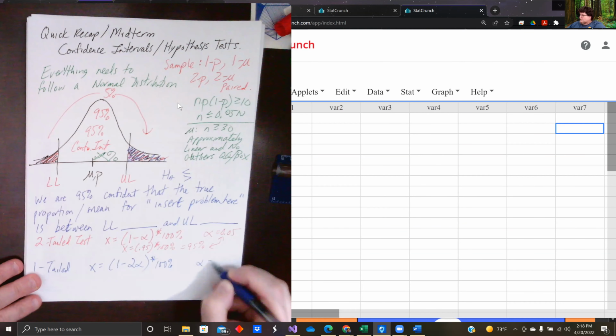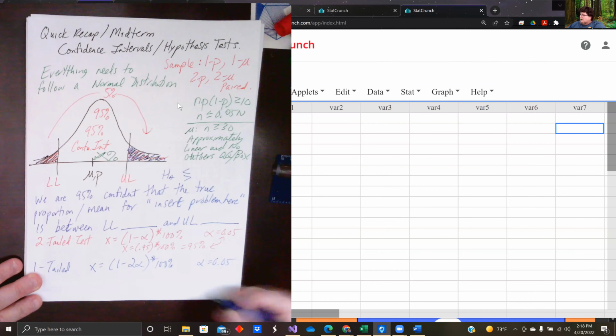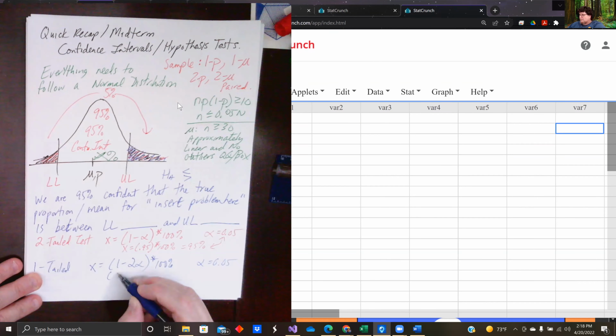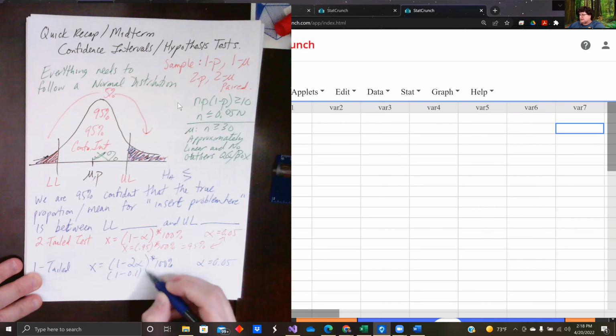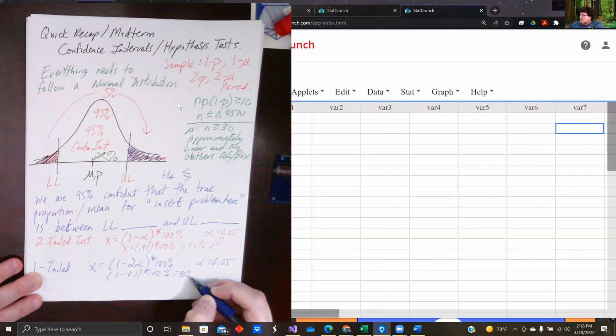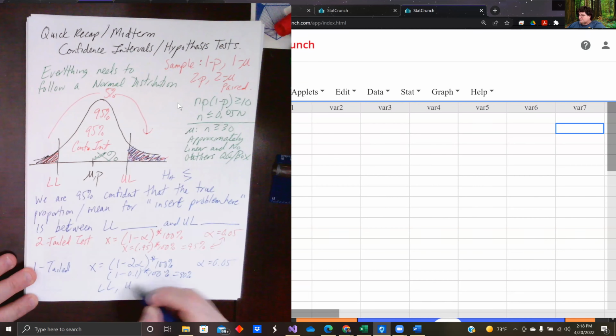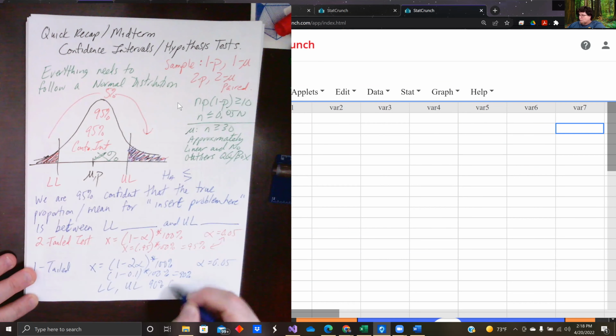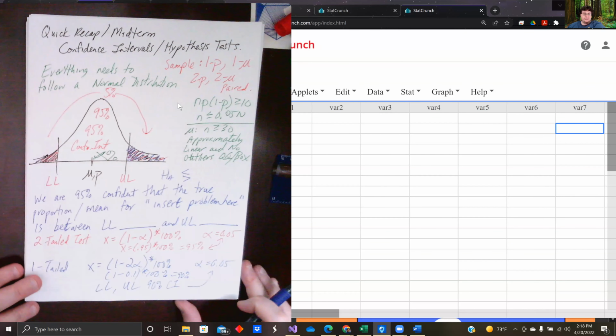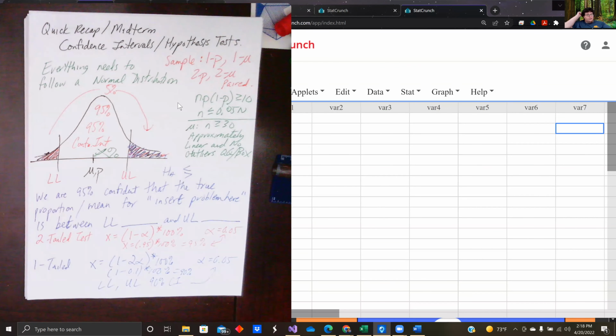So if alpha equals 0.05, we get 1 minus 0.1 times 100%, which is 90%. The information we get for the lower limit and upper limit for a 90% confidence interval will match up with the information we have about the hypothesis test at 0.05.